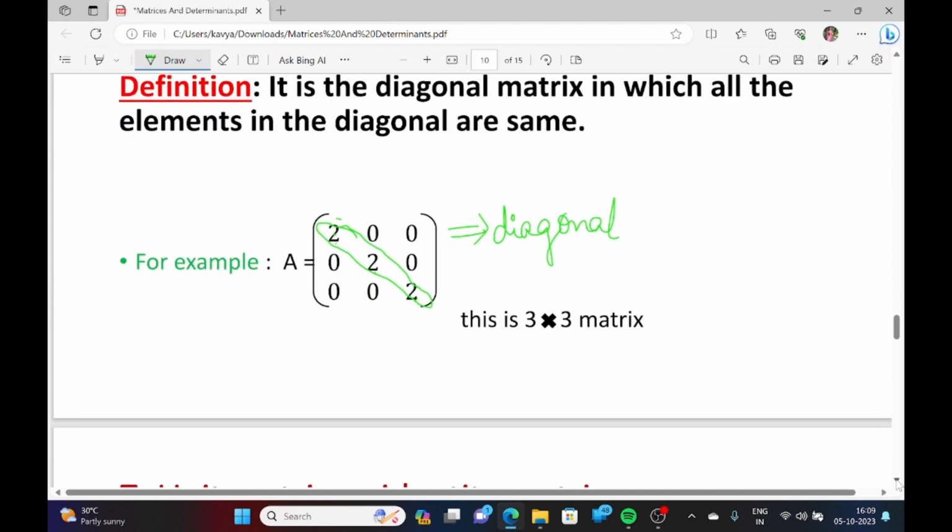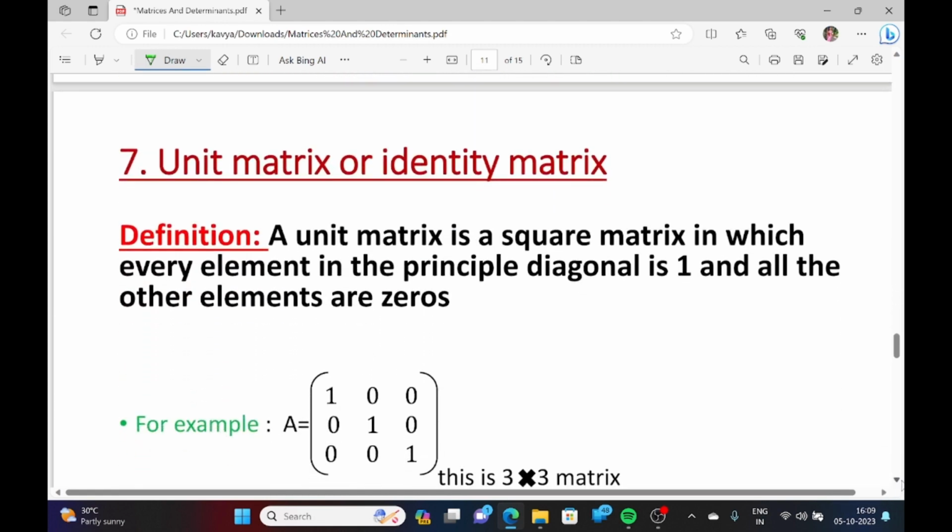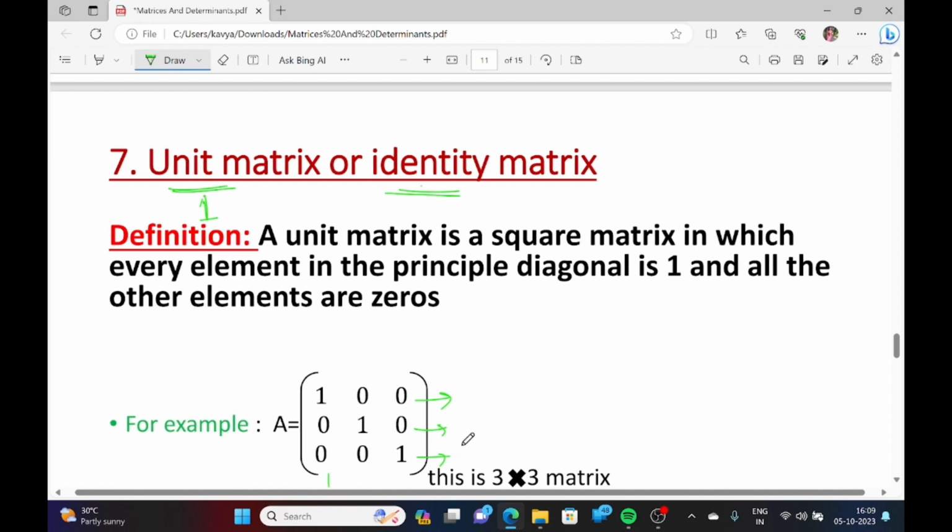Okay, next, unit matrix or identity matrix. This is very important. Unit means what? One, right? Let us discuss the definition. A unit matrix is a square matrix. First of all, it is a square matrix, where the number of rows is equal to the number of columns.